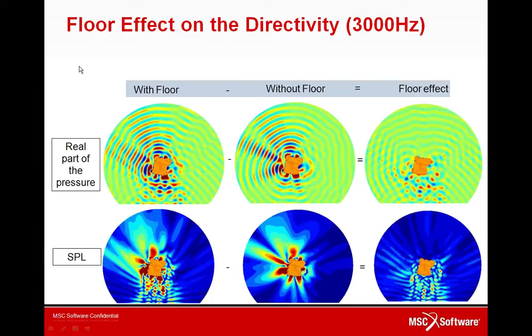If you look at the pressure maps with floor and the pressure maps without floor, you can then compute the map of the delta of the pressure levels. Using these delta maps, it's very easy to identify what are the locations where the impact of the floor will be the most significant.